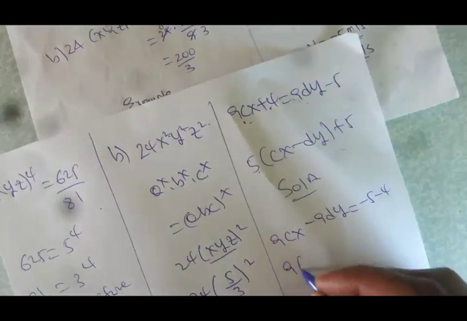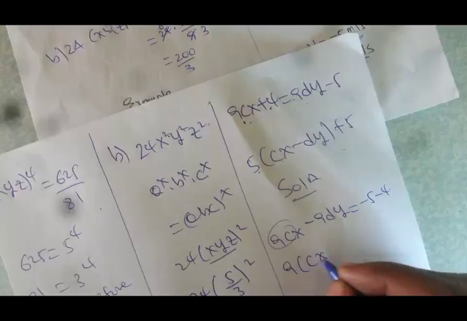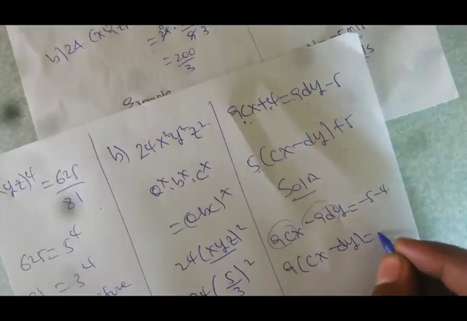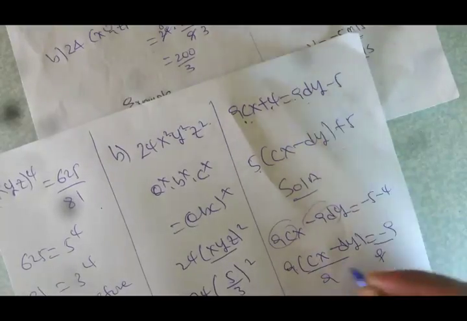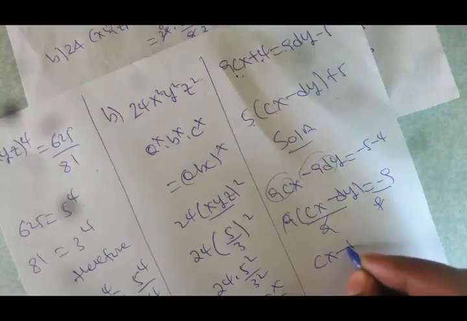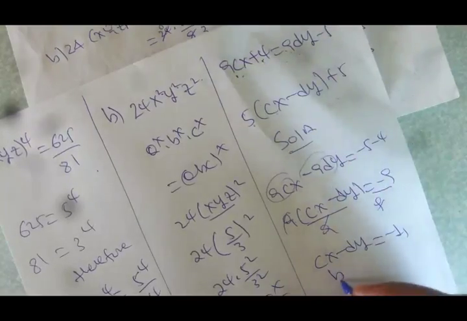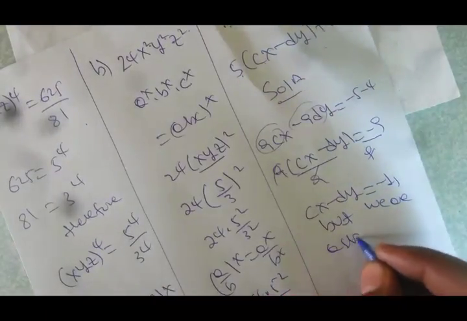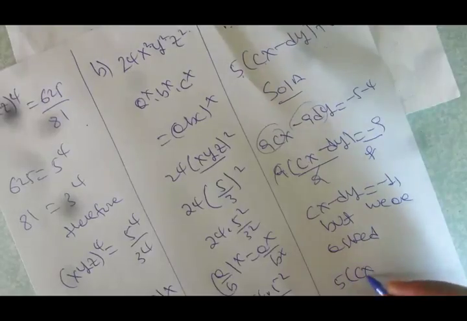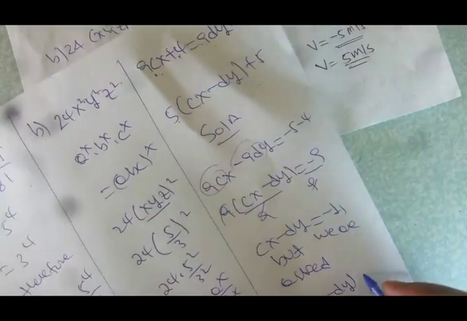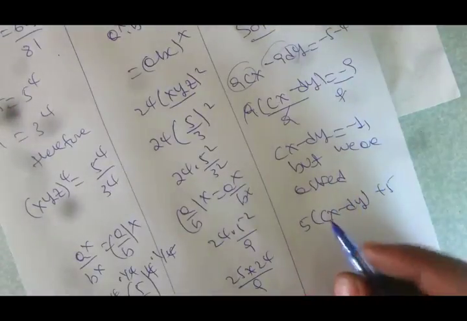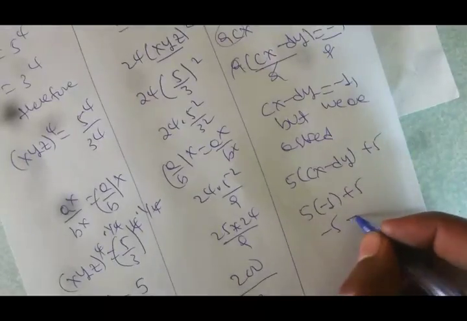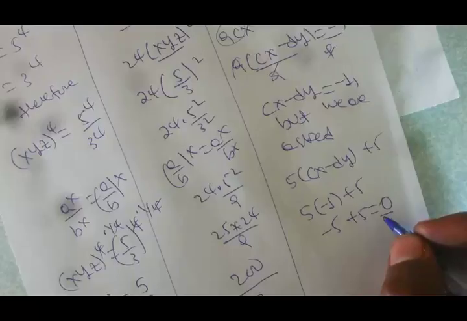Therefore when we take 9 as common, 9 times (cx minus dy) is equal to minus 9, and dividing by 9, cx minus dy is equal to minus 1. But we are asked to find 5 times (cx minus dy) plus 5. Therefore 5 times minus 1 plus 5 will be minus 5 plus 5. This is equal to 0.